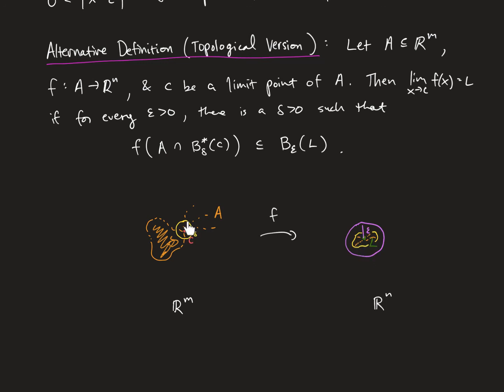So we can always make this delta small enough so that all of that orange stuff stays within this prescribed epsilon ball around L. All right, so that's the picture associated with this topological version of the definition. It's a way to geometrically interpret the definition as given.